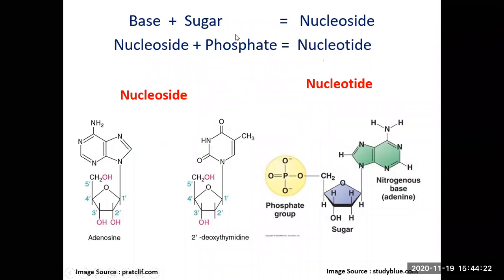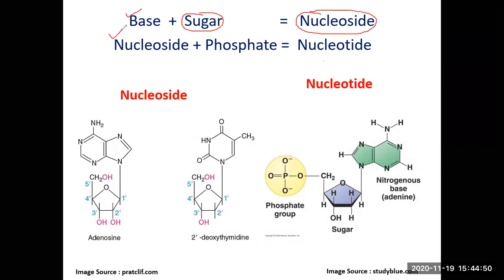Okay, so what is meant by nucleoside and nucleotide? So nucleoside means when a base, a nitrogen base, combines with sugar, the resulting compound is called a nucleoside.